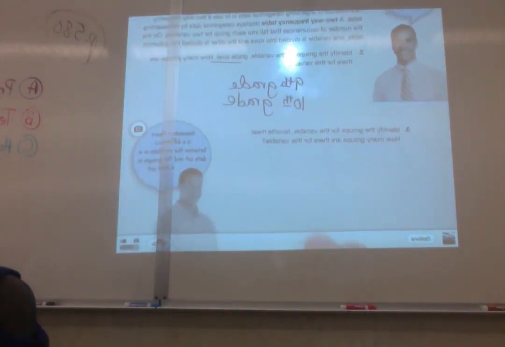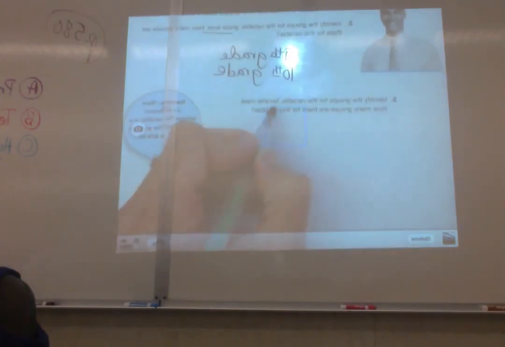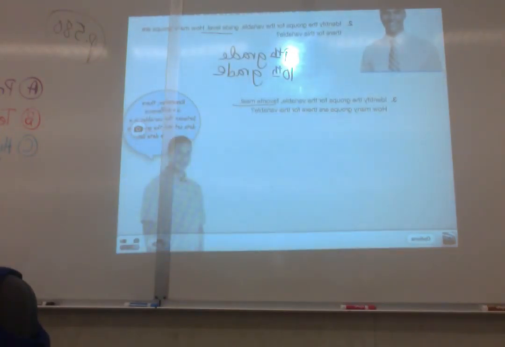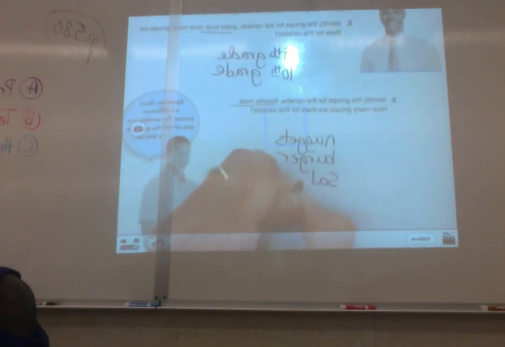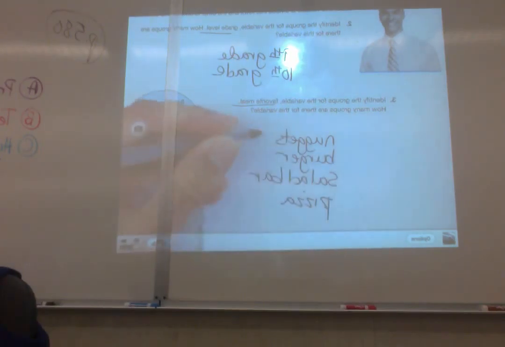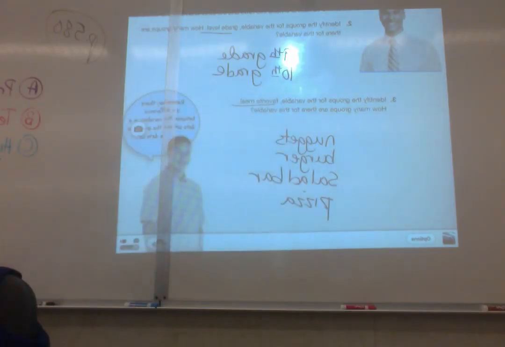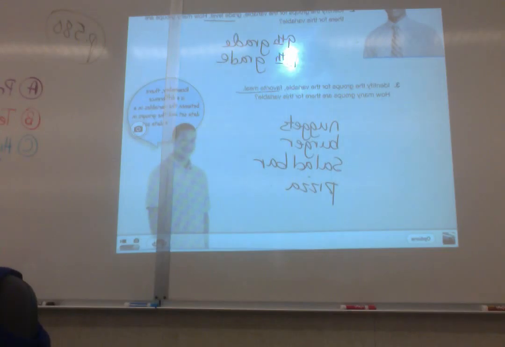Identify the groups for the variable favorite meal. What are the possible meal choices there? Burgers, salad bar, chicken nuggets, pizza. Are there 4?